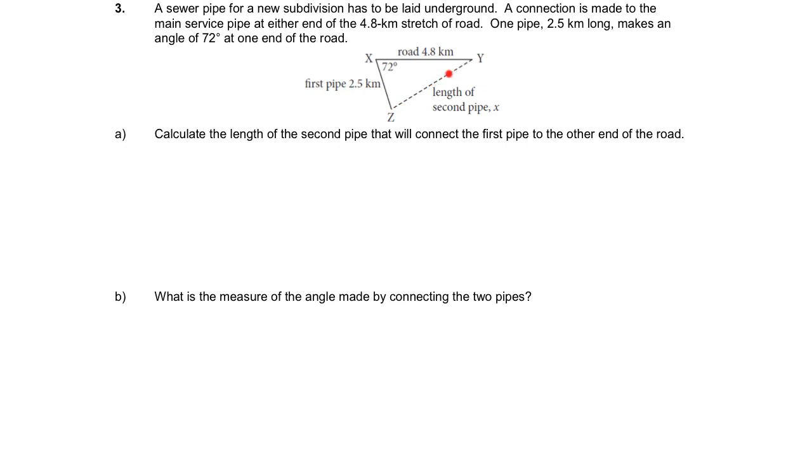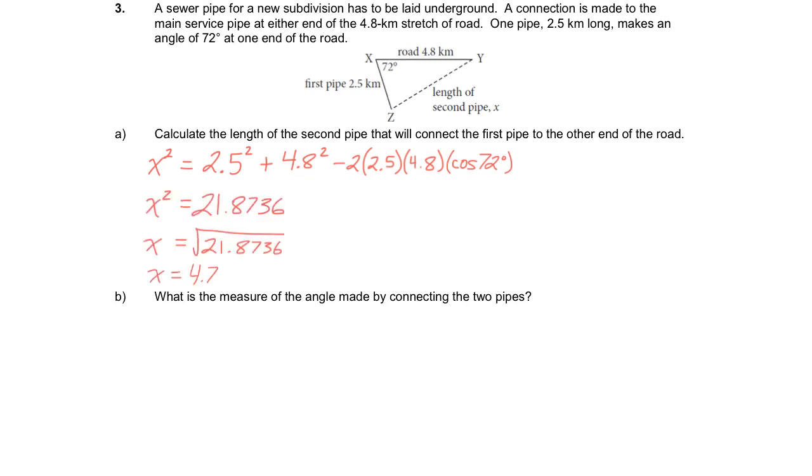So if this is side x, I'm going to use the cosine law to find the length of x. So I just set up my cosine law, do the calculation, and solve. So I can see that the second pipe is 4.7 kilometers long.